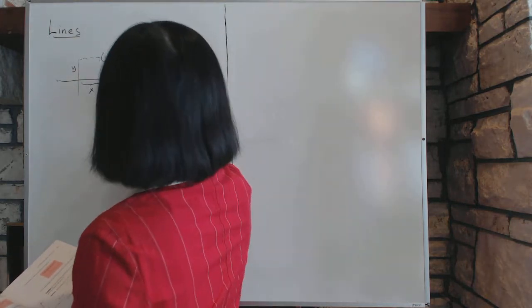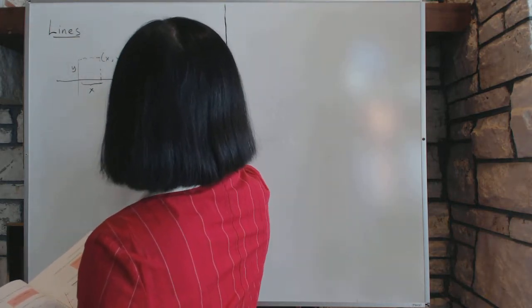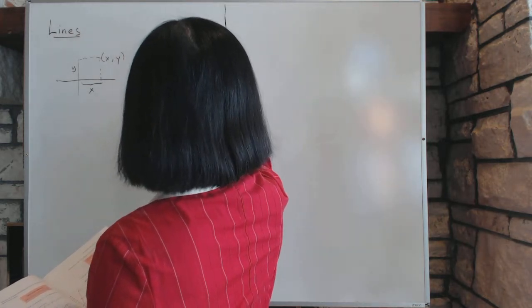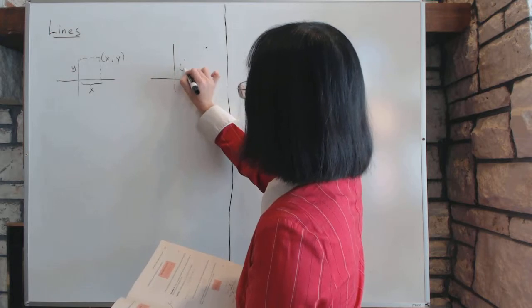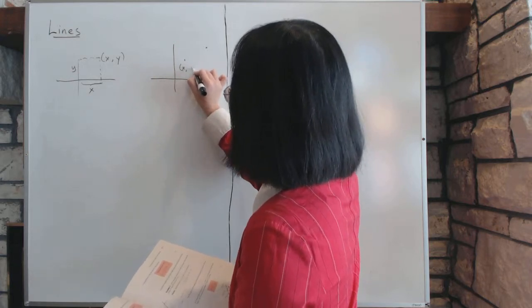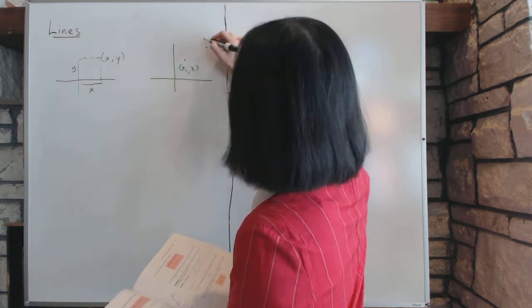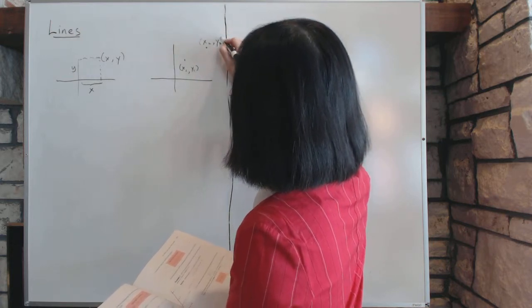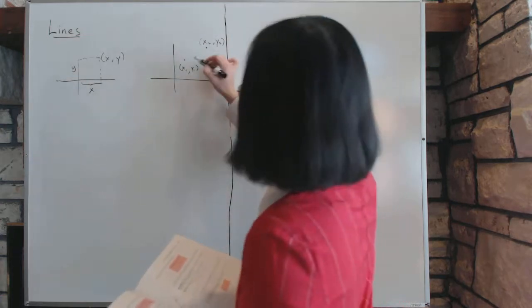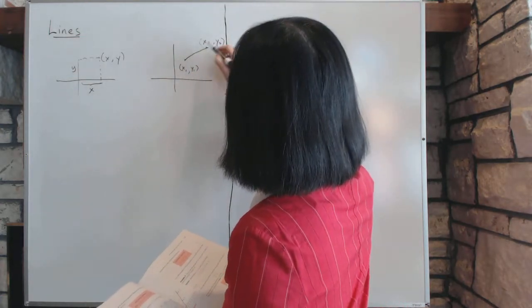Now if you have two points, let's say on the plane you have point A and point B, we'll call them x1, y1 and x2, y2. You usually want to connect them with a straight line.